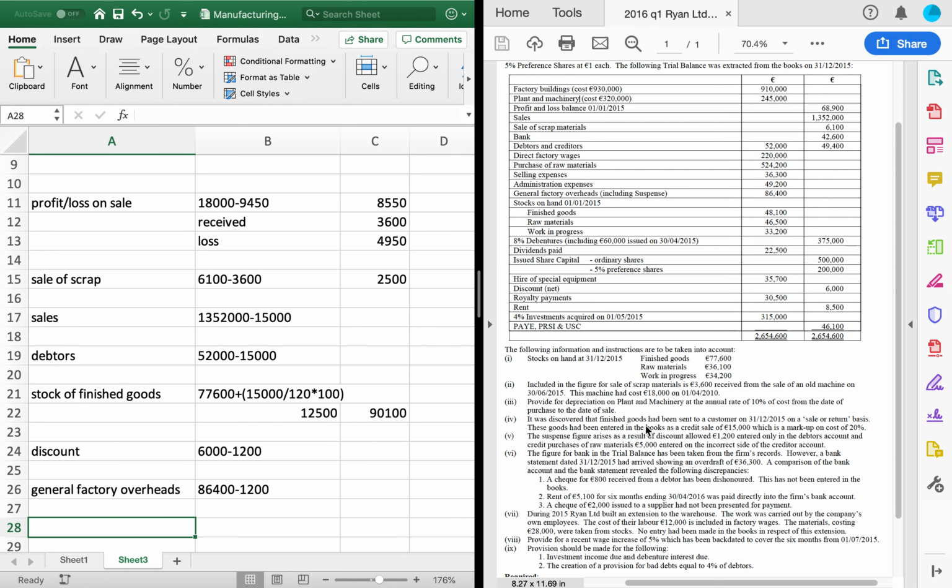The second part is 5,000 credit purchase of raw materials entered on the incorrect side of creditors account. If we buy raw materials, creditors go up by 5,000. What they're saying is they've put it on the debit side of creditors. So they've put 49,400. It should be, to get it back to zero, you have to add the 5,000 back on.